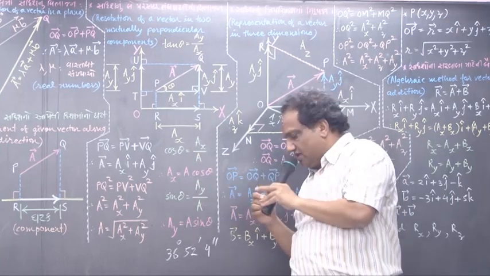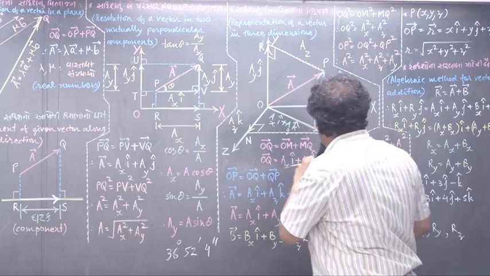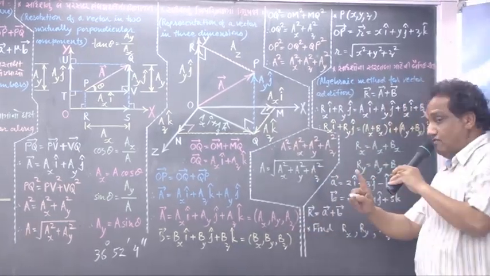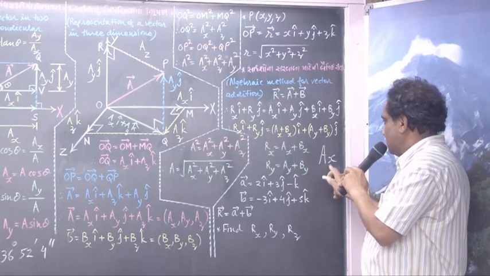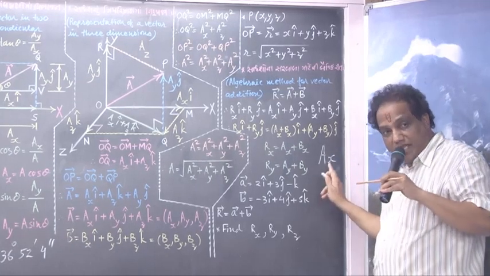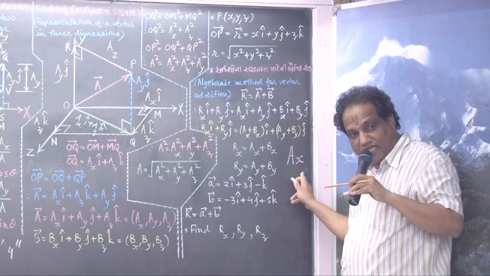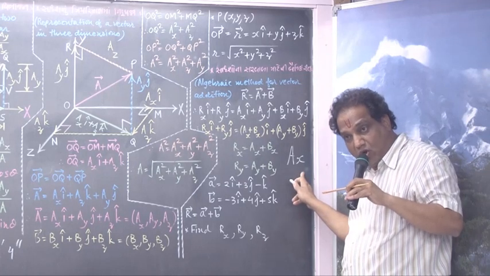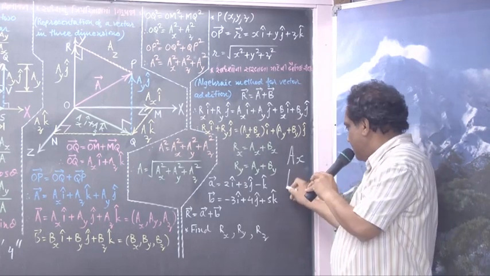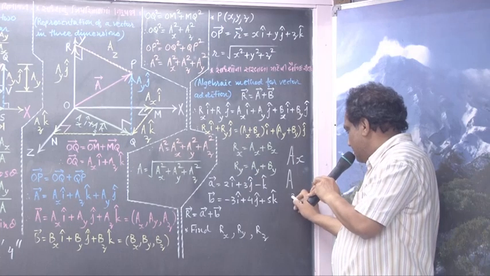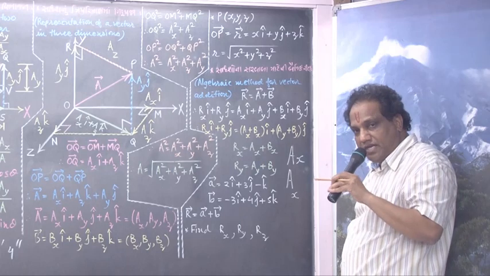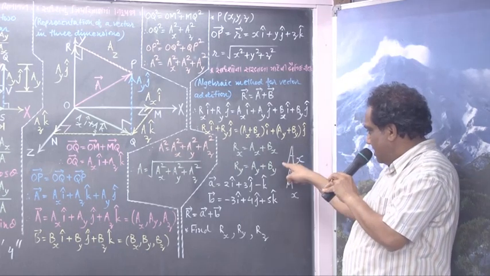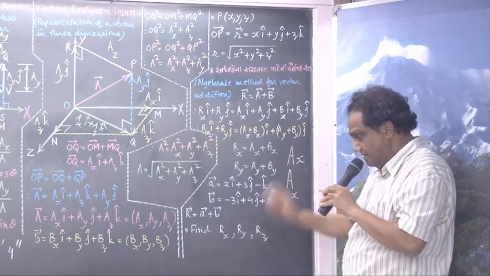Nobody should write this AX this way. If you write AX this way, I'll make you write it 500 times. I want the X well below the A, not in the same line. Please take care.